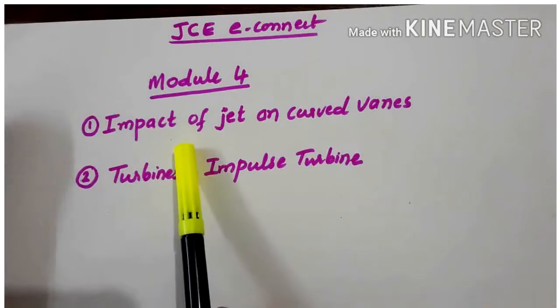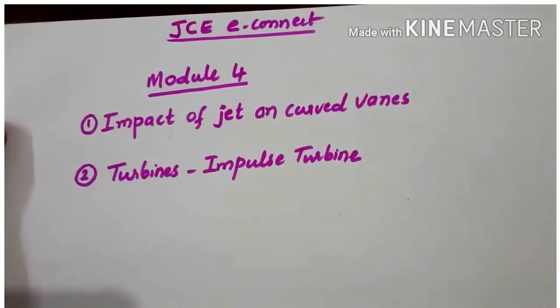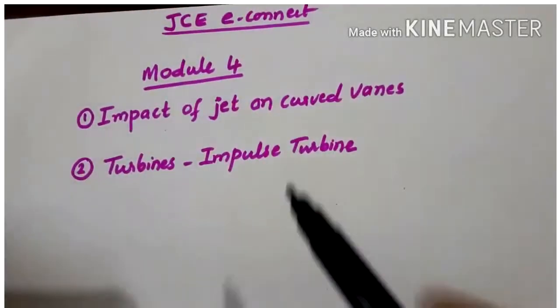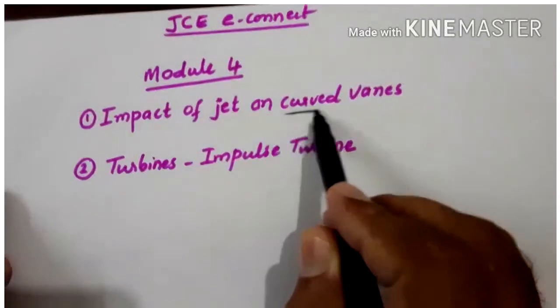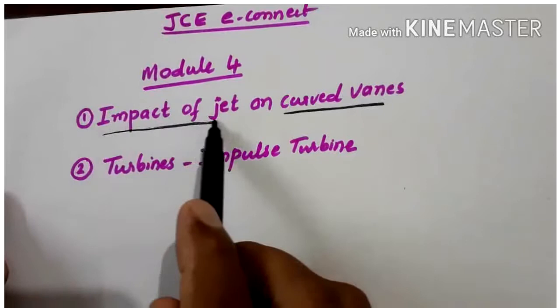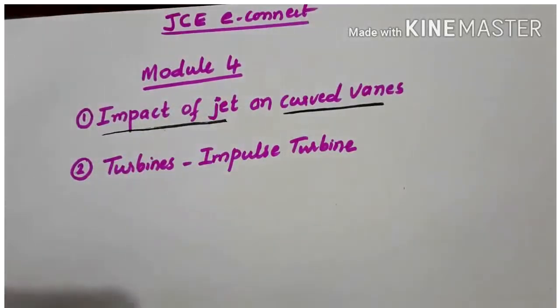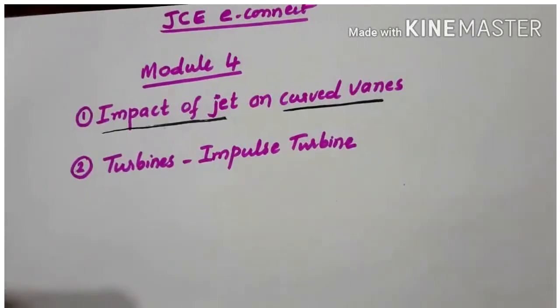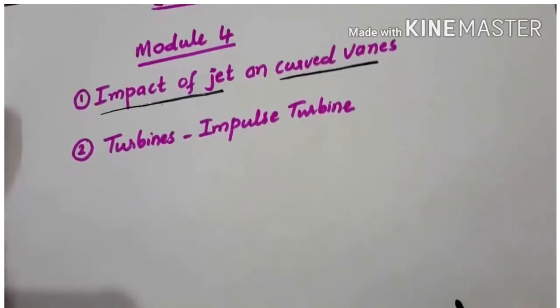So what do you mean by impact of jet on curved vanes? Before talking about the curved vanes, let me tell you about impact of jet. Impact of jet means when a liquid is flowing through a pipe.